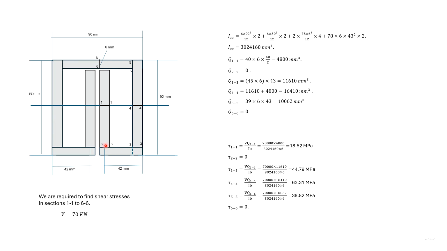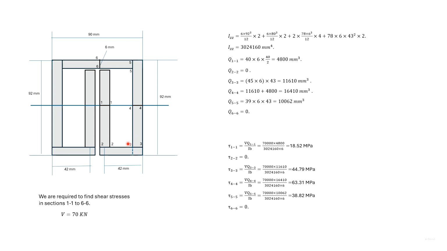Consider section 2-2. We need to find out Q for this vertical portion. We notice that the centroid of this vertical portion will be on the neutral axis. So the distance of the centroid from the neutral axis will be 0. That means Q22 is 0.